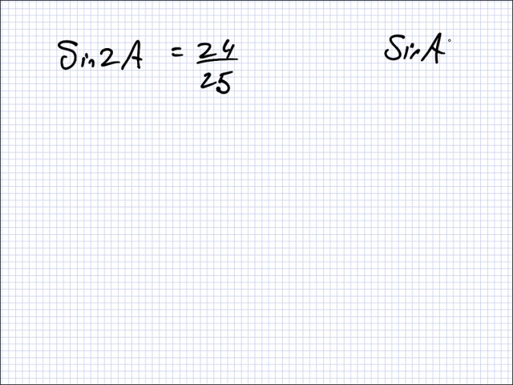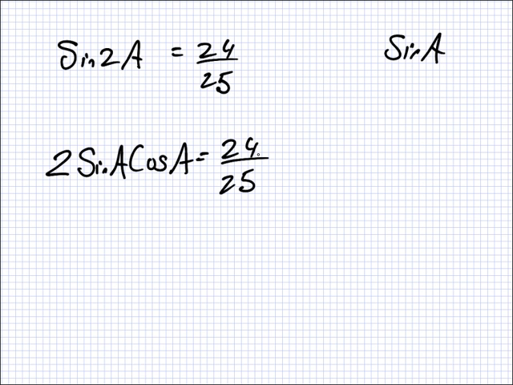Slightly different now. Sine 2A is 24 over 25, and this time I want sine A. We can't just divide by 2. Here, we can change this using the double angle formula: 2 sine A cos A equals 24 over 25.